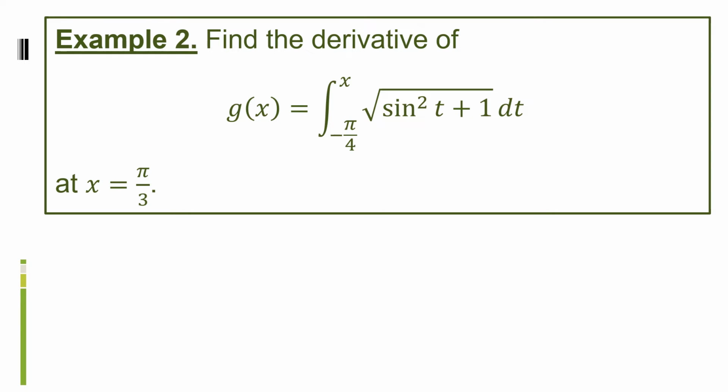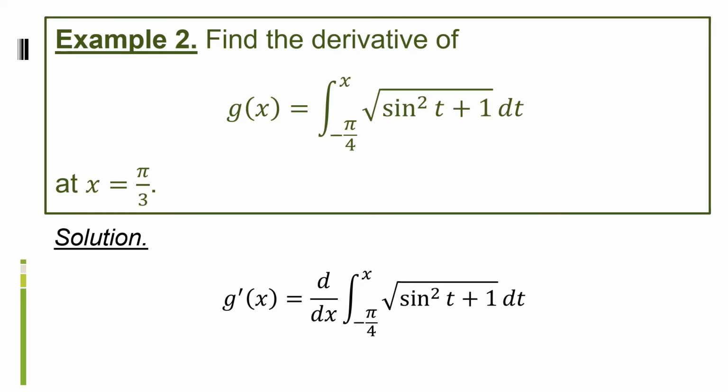Example number 2, let's find the derivative of g(x) equals the definite integral from negative pi over 4 to x of the square root of sine squared t plus 1 dt at x equals pi over 3. So for our solution, we have g prime of x is equal to d over dx of the definite integral from negative pi over 4 to x of the square root of sine squared t plus 1 dt. By FTC1, pwede na nating i-substitute yung x dito sa ating function, so that is square root of sine squared x plus 1.